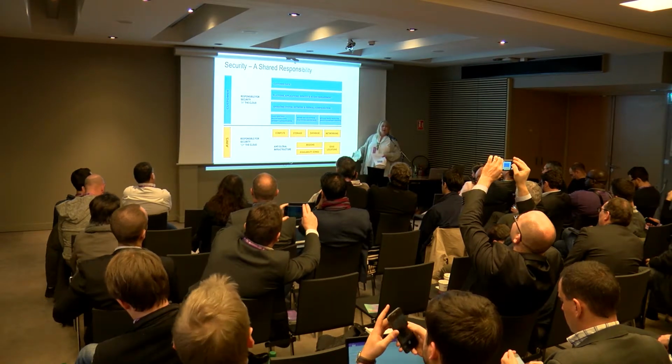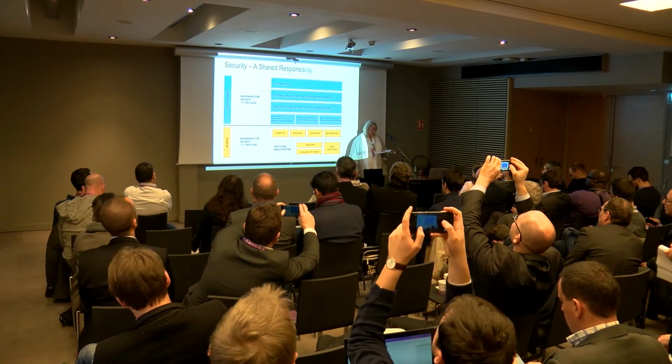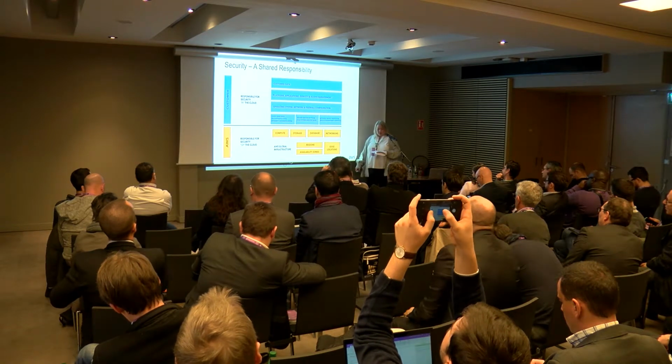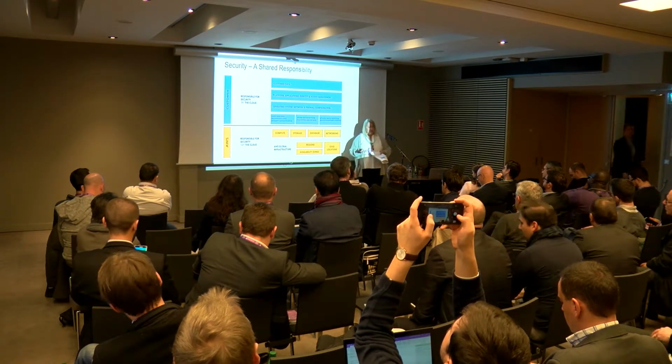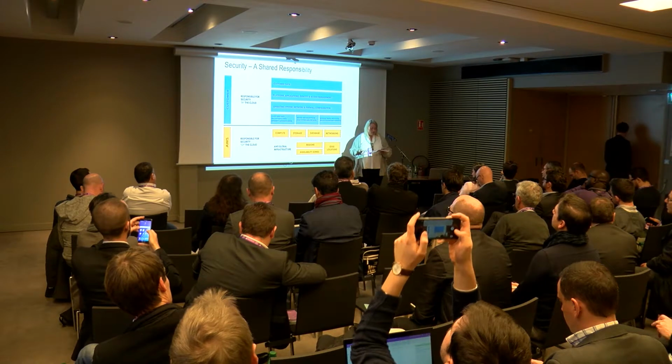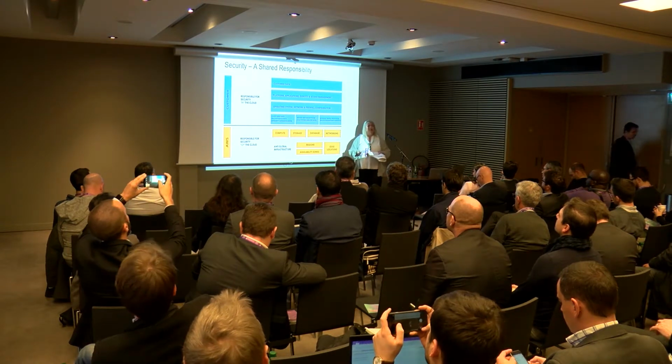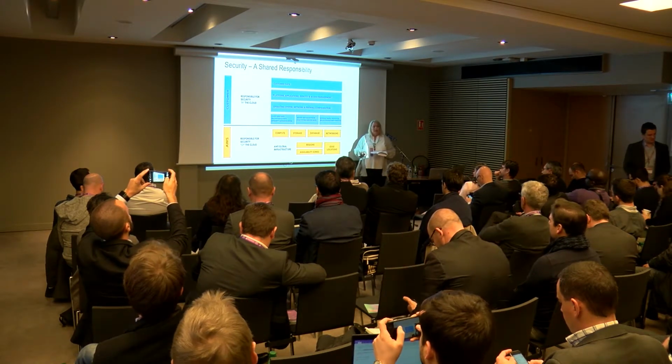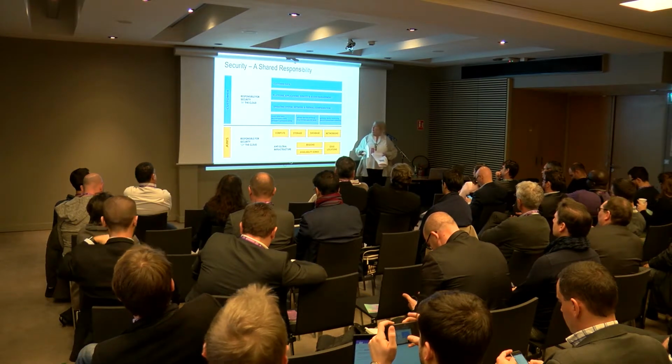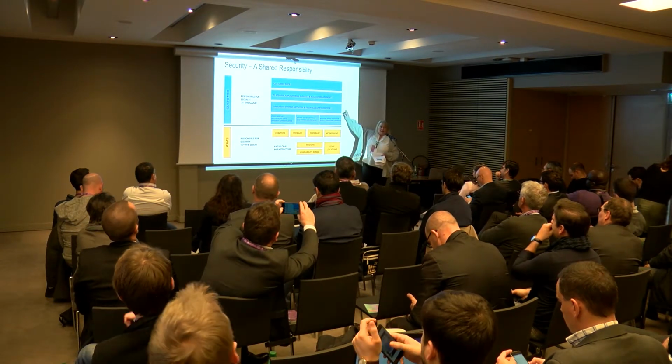We refer to that as security of the cloud. And then the security measures that you, as customer, implement and operate relating to security of your content and the applications that make use of our services. We refer to that as security in the cloud.